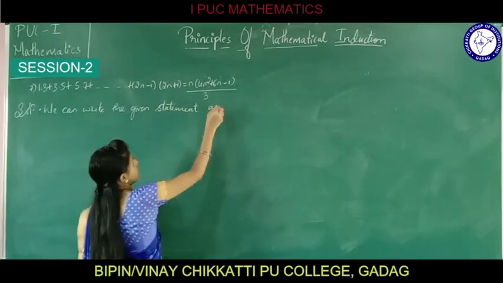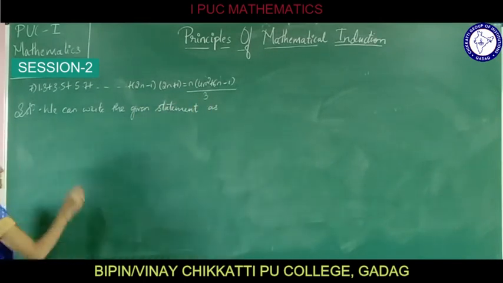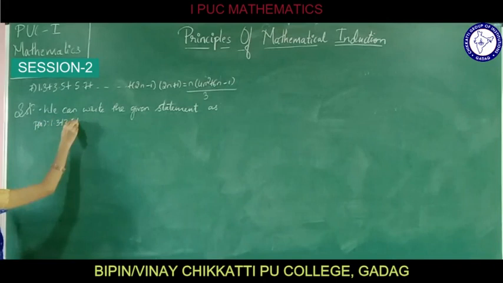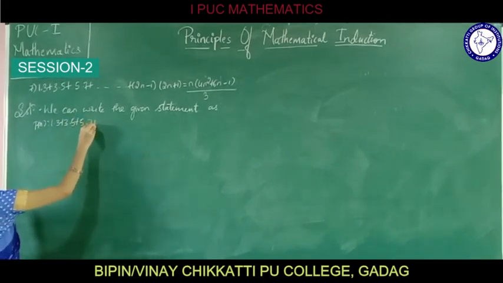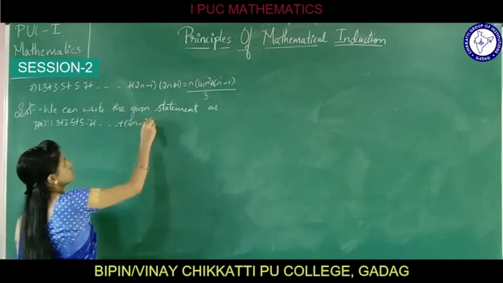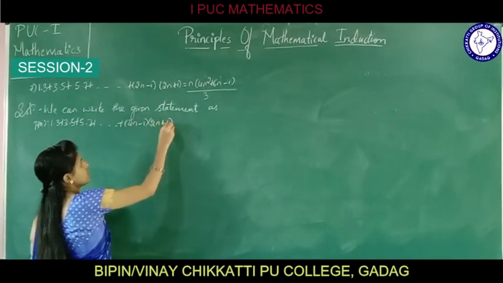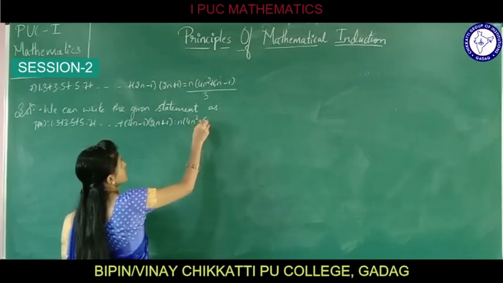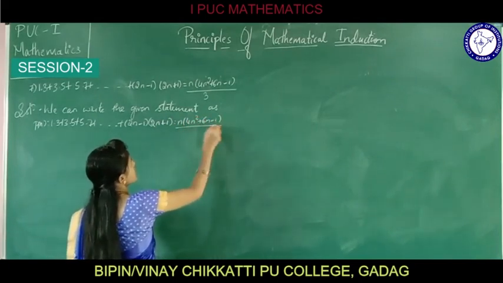P of n such that 1 into 3 plus 3 into 5 plus 5 into 7 plus so on up to 2n minus 1 into 2n plus 1 is equal to n into 4n square plus 6n minus 1 divided by 3.